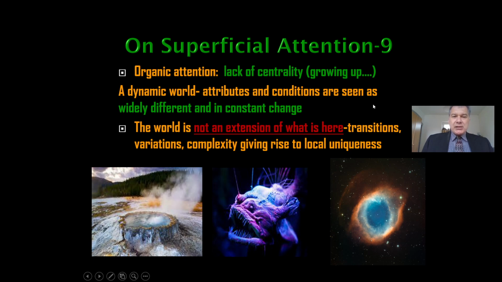Attributes and conditions are seen as widely different from here to here. This direction, that direction, that direction. And they are in constant change. So the world is no longer an extension of what is here, okay? Because we see transitions, variations, and complexity, okay, giving rise to local uniqueness. So we appreciate local uniqueness.